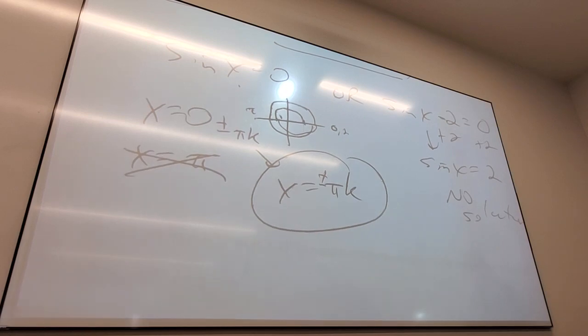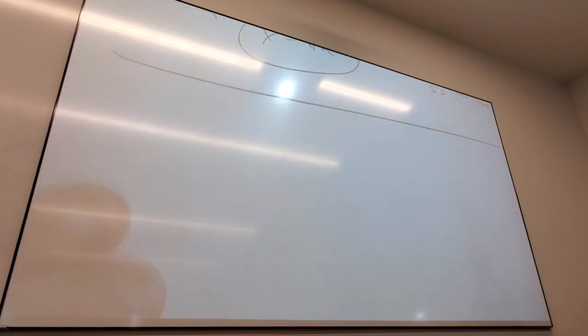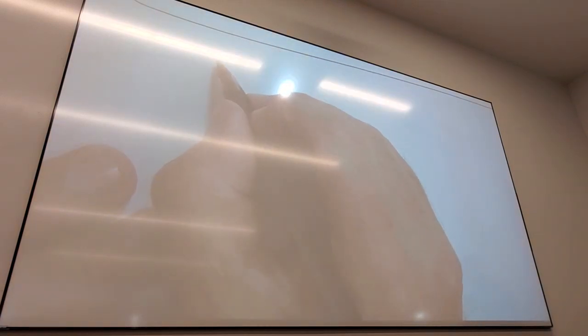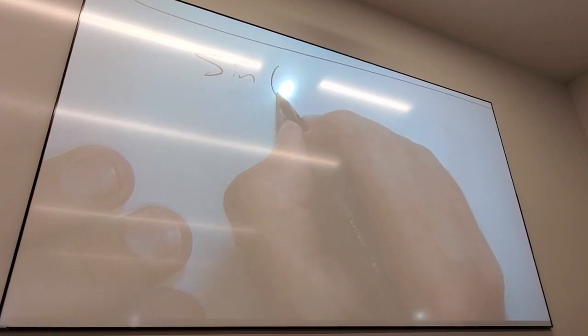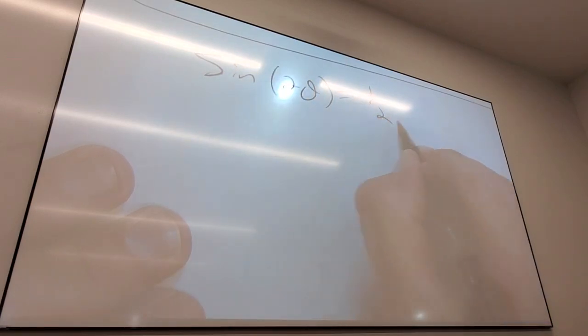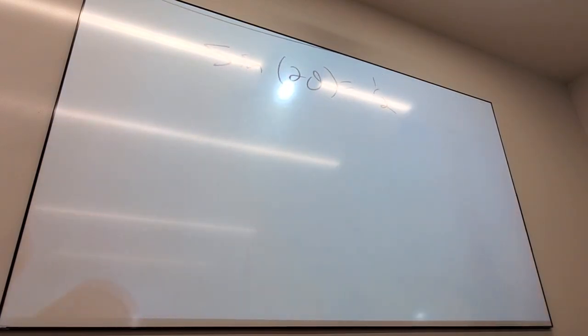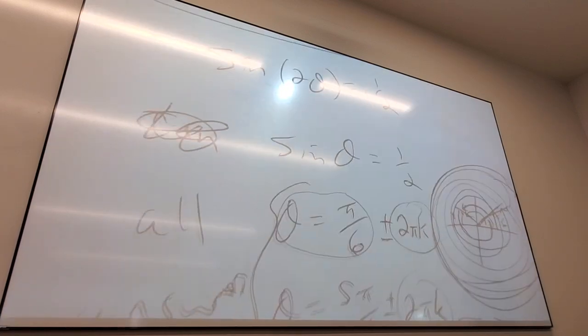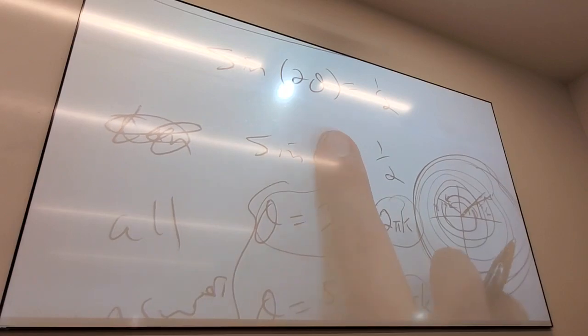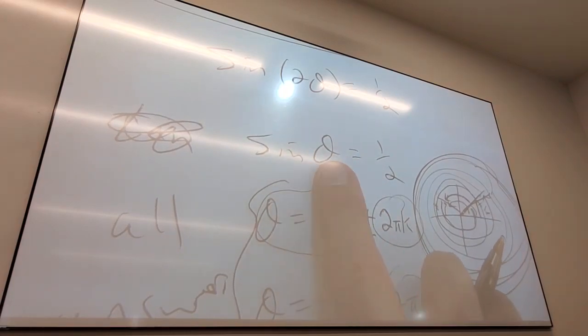Yeah, okay. Let's try this. One more type, and then I'm going to let you guys try a few out. We already sort of solved this problem. We solved sine of an angle is 1/2.